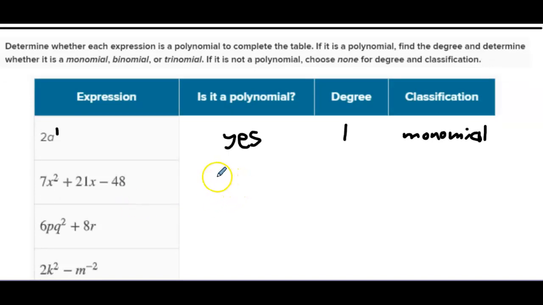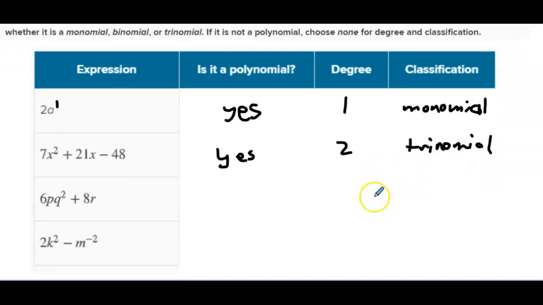This next one is a polynomial as well. Okay, this is degree 2, and because we have 3 terms, we're going to classify that as a trinomial. Okay. Here, this looks a little bit different because we have 3 different variables in it, but that is still a polynomial. Okay, and then our degree, we have to add up all the exponents. So that p technically has a 1 in the exponent. So we have the 1 plus the 2.